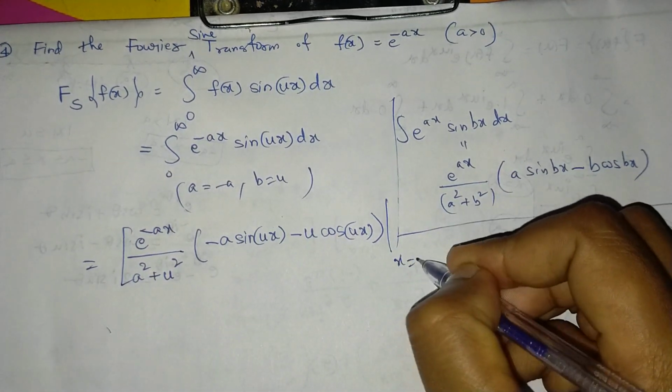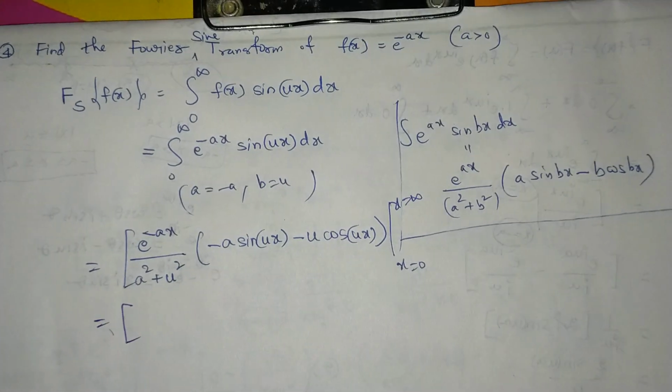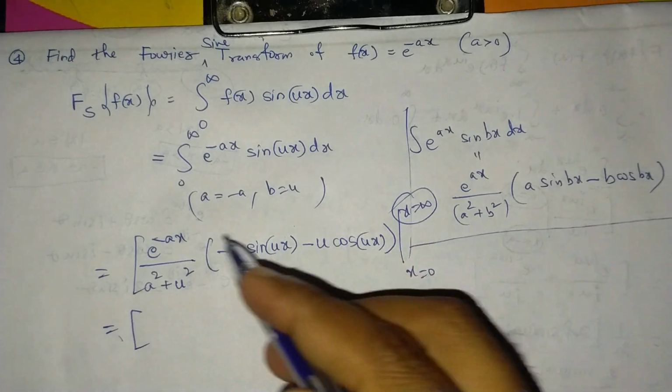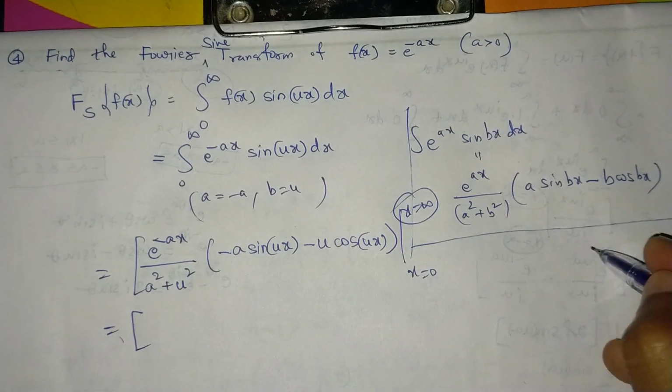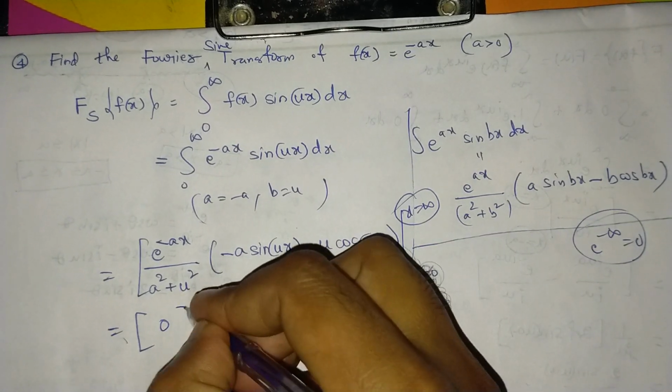The lower limit is 0 and the upper limit is infinity. Put x equals infinity: e power minus infinity is 0, so the upper limit is 0.